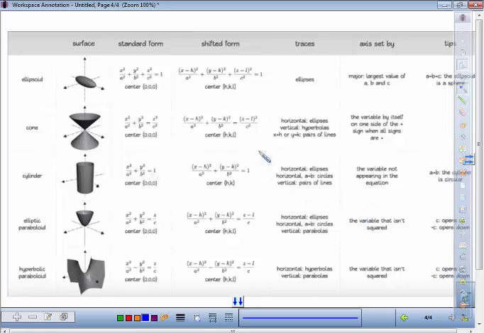This is a sheet that I stole from that video the other day, and so now it's in the notes. If you want to take a close look at it, you can take a look at the notes that I have here.